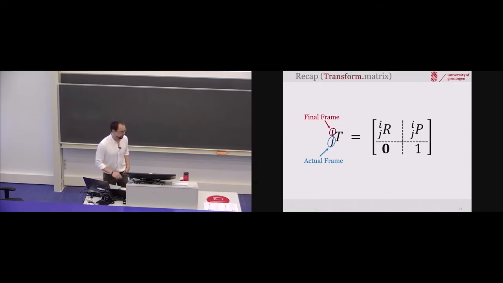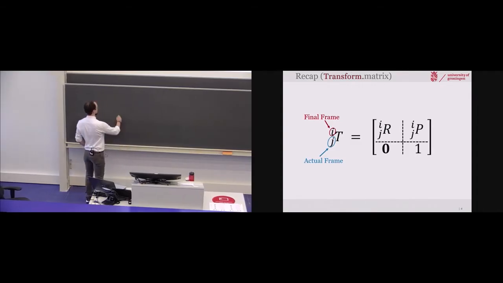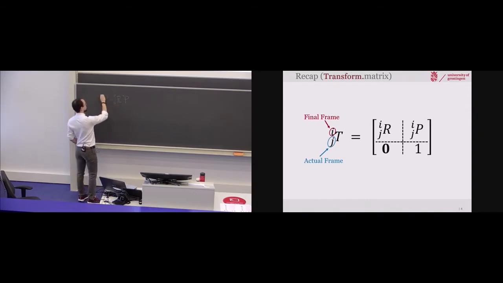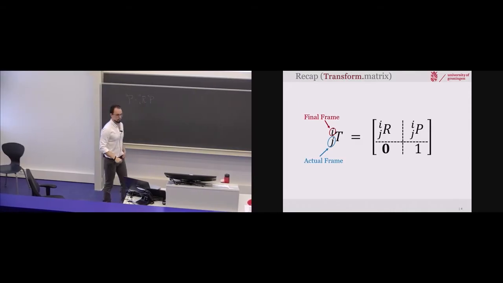Therefore, if you have, for example, a vector that is expressed in frame 4, and you apply the rotational matrix 0, 4, you will end up with a vector that is expressed in the 0 frame, okay?